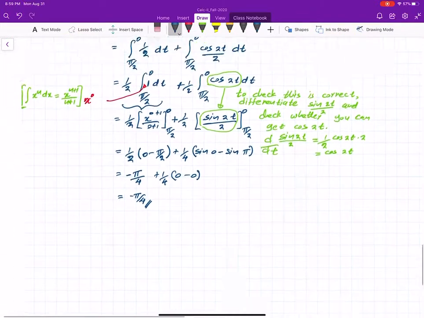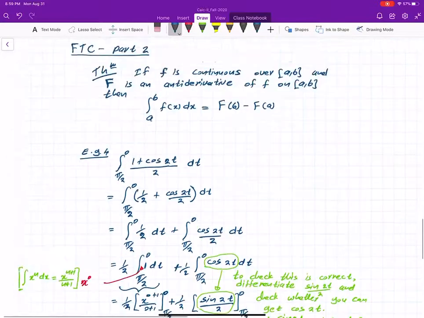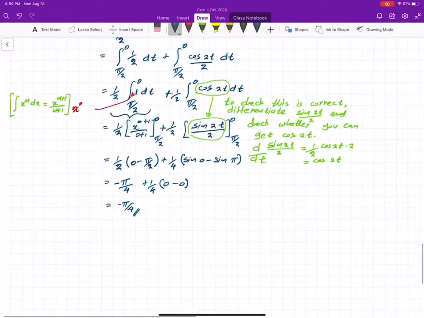Let me move to the next problem, which is example number 5.